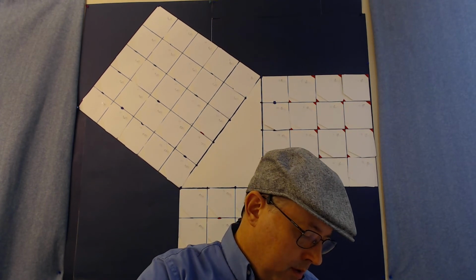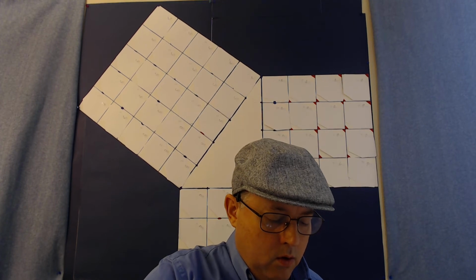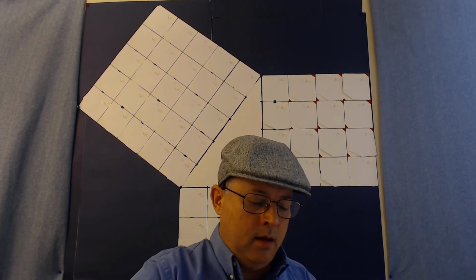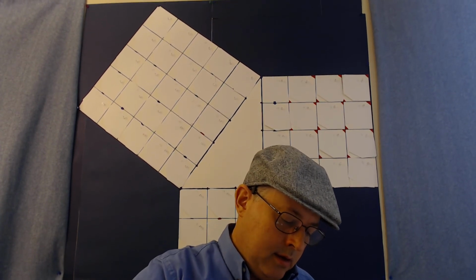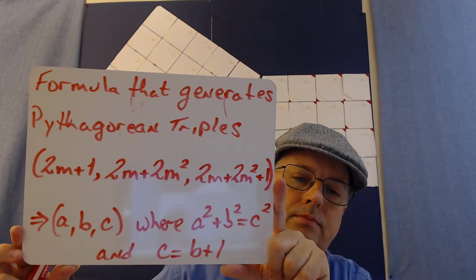So this formula will give us an A, B, C, where A squared plus B squared equals C squared, and C is 1 more than B. It's our first formula that generates Pythagorean triples.